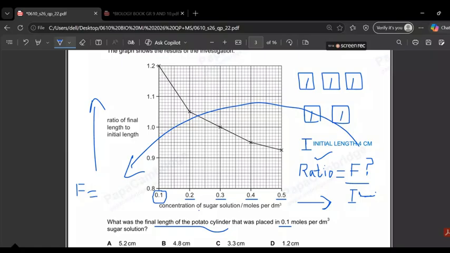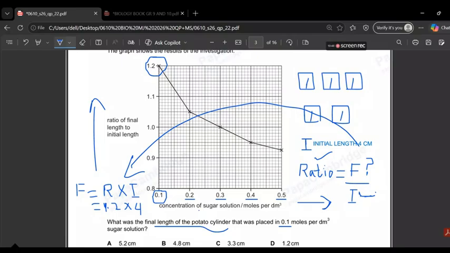So final length is equal to ratio multiplied by initial length. What is the initial length? Already you know. What is the ratio? We need to know from the graph. If you look at the graph, the ratio for 0.1 is 1.2. So 1.2 multiplied by 4.